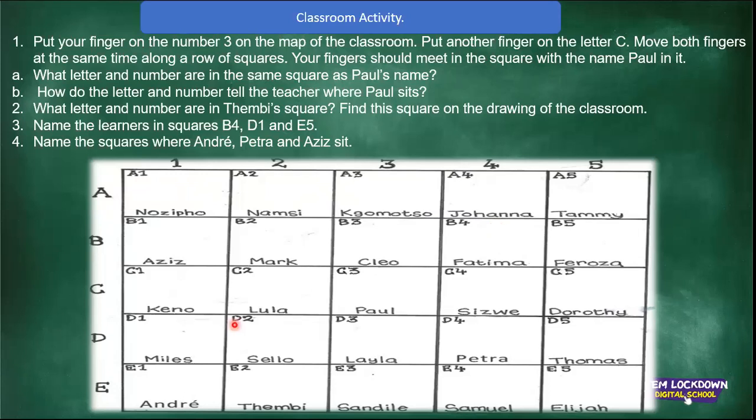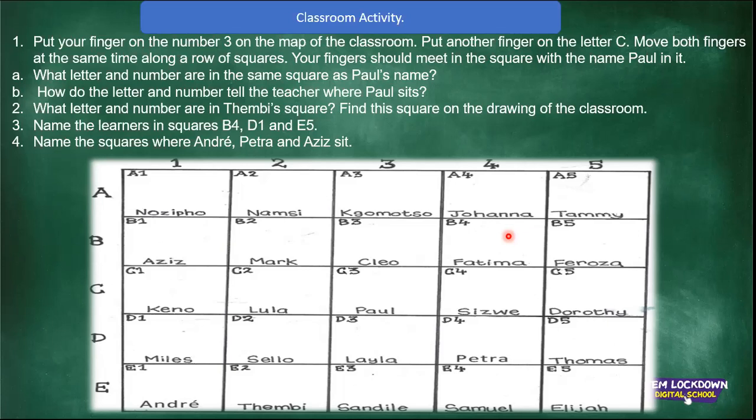Okay, let's try Zoe. Zoe, do you see the whole row? Yes. Tell me the answer. Andrew is sitting in E1. Yes, that's correct.